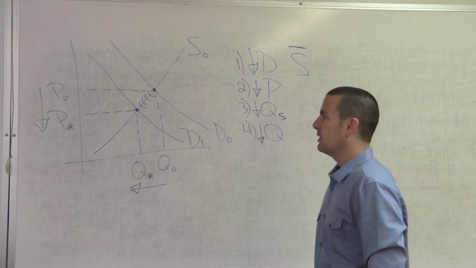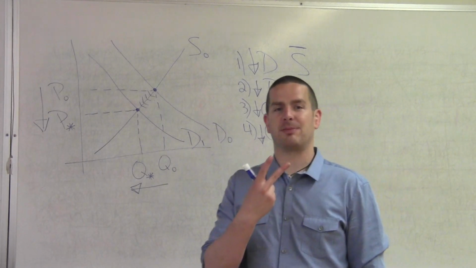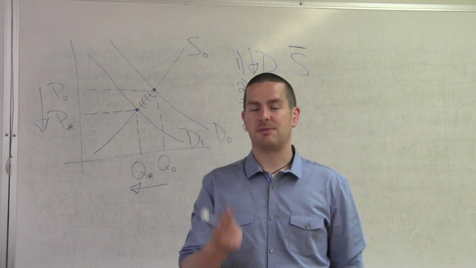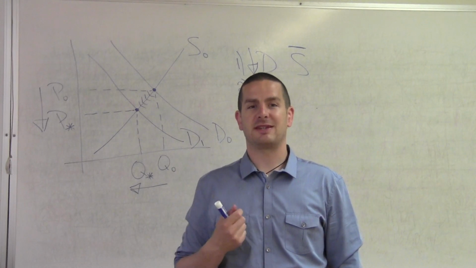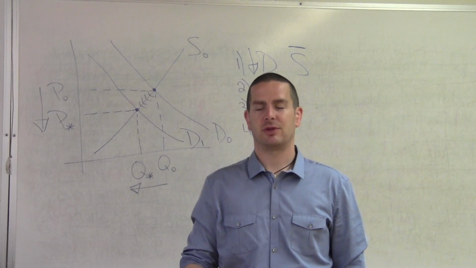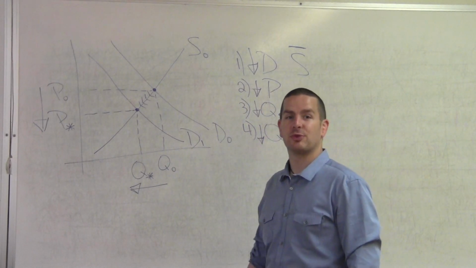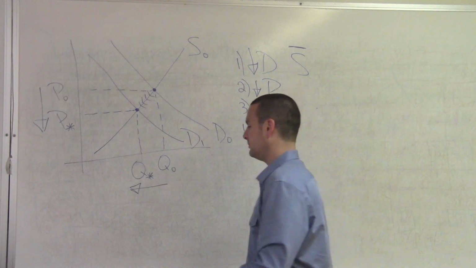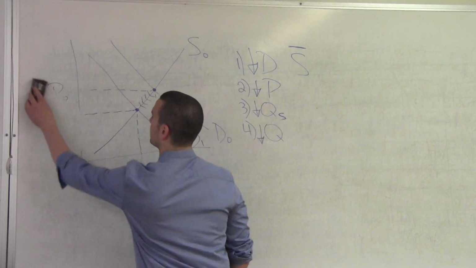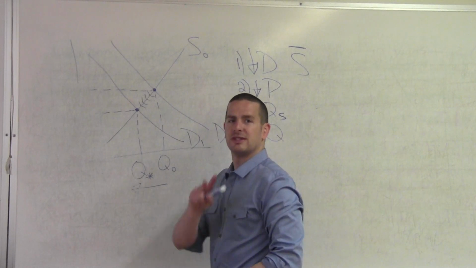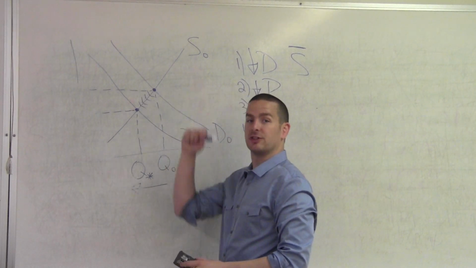Okay? So far we've covered two examples. We covered an example when the demand goes up. We covered an example when demand goes down. Okay? Now we're going to do two examples with supply. That is, we're going to do two examples when supply changes first in the first step.